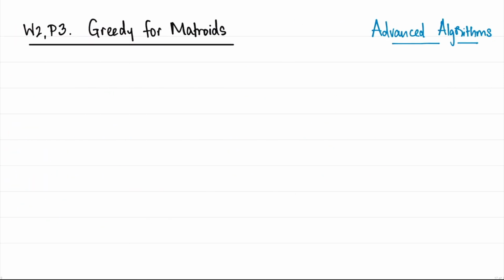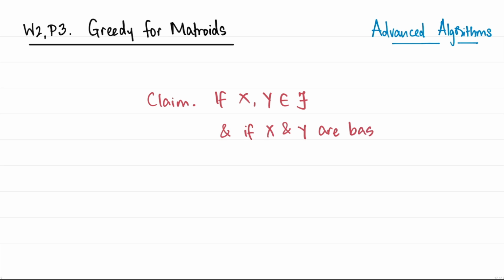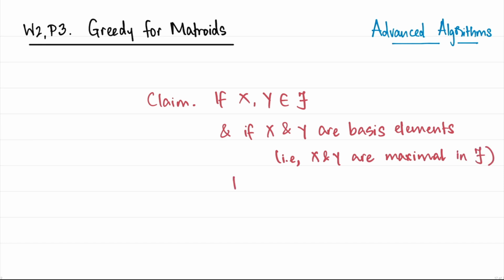So let's quickly argue this. If X and Y belong to the family F, and if X and Y are basis elements, which is to say that X and Y are maximal in F, then X and Y have the same size.